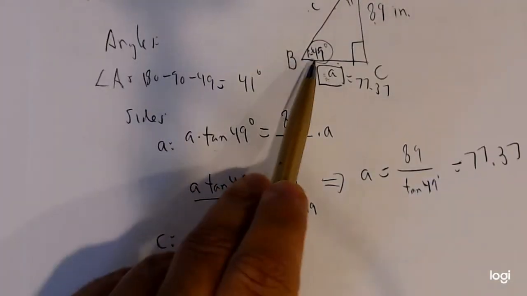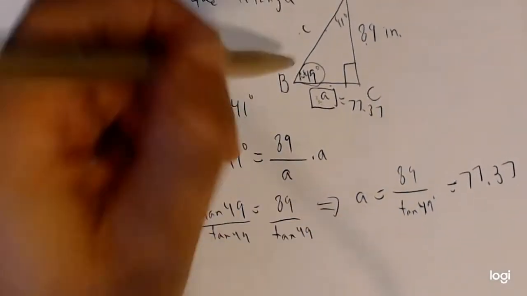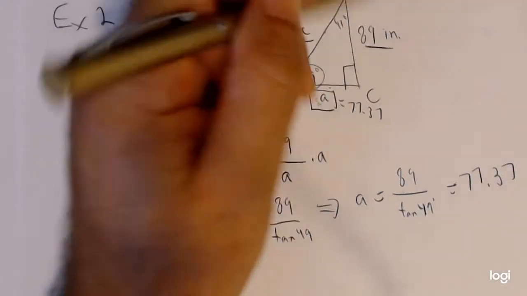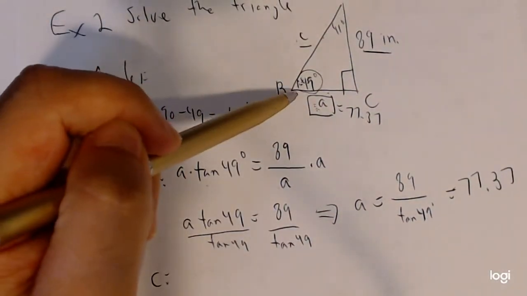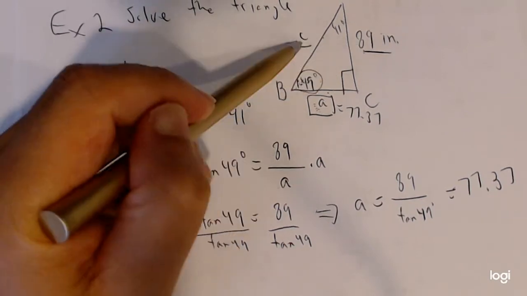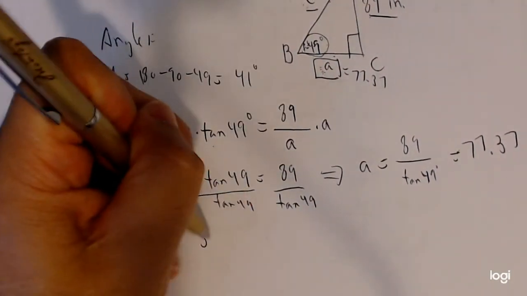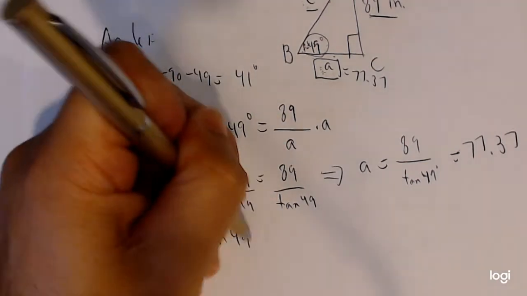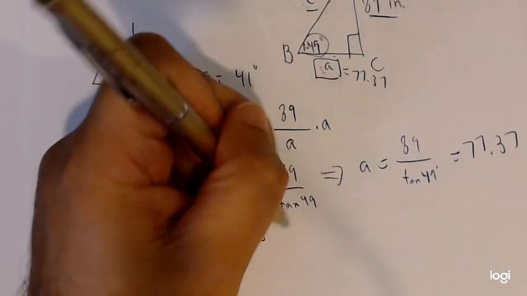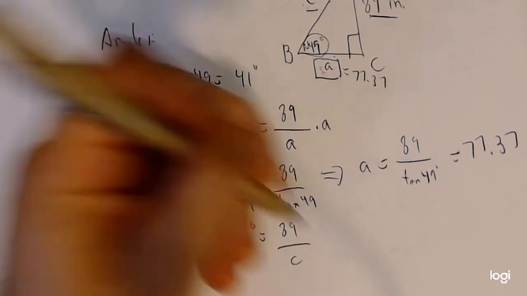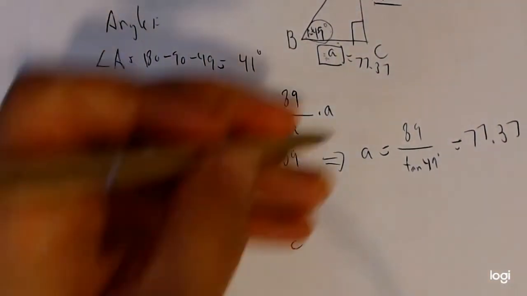So let's say I'm using this angle still, and I want to solve for C, and I want to use 89. From this angle's perspective, what is that? That's opposite over hypotenuse, which is sine. So I would say sine of 49 degrees is going to be opposite, which is 89, over C. So we do the same thing. We solve for C now.